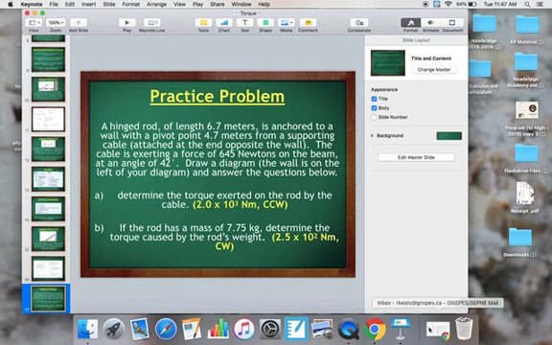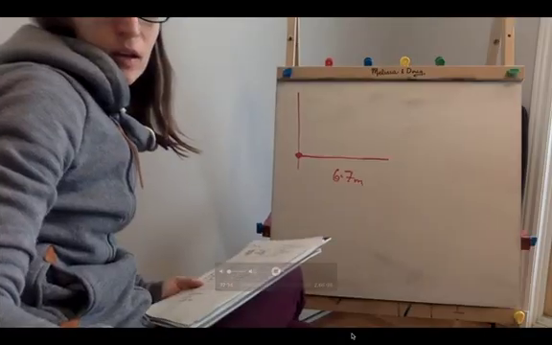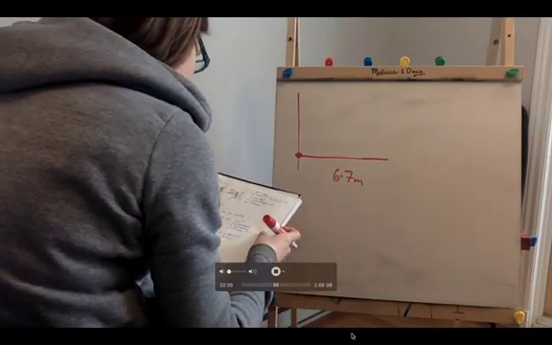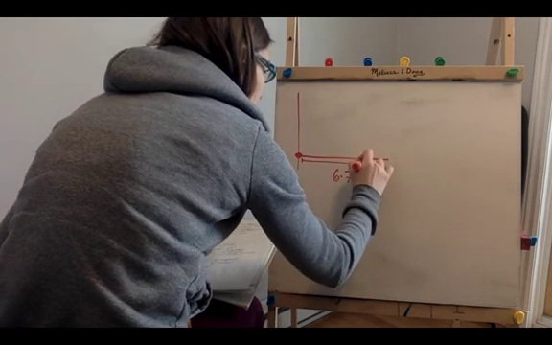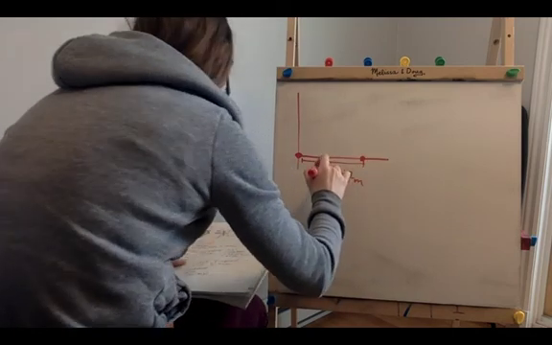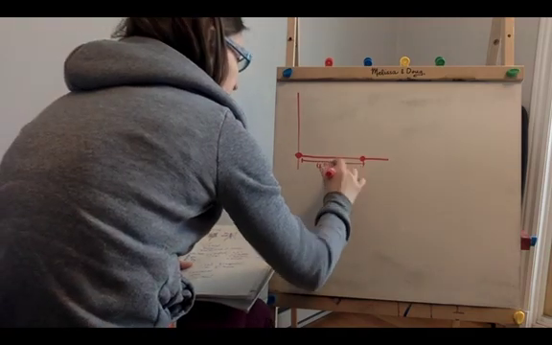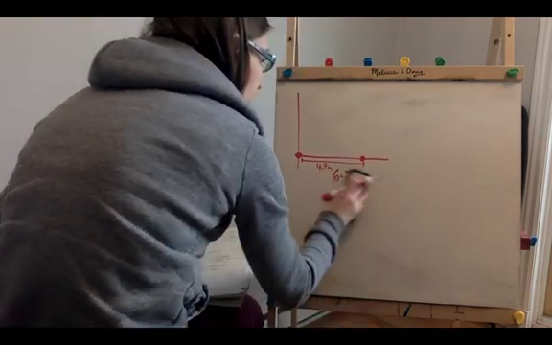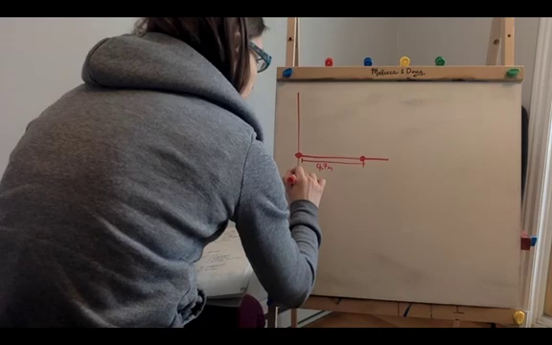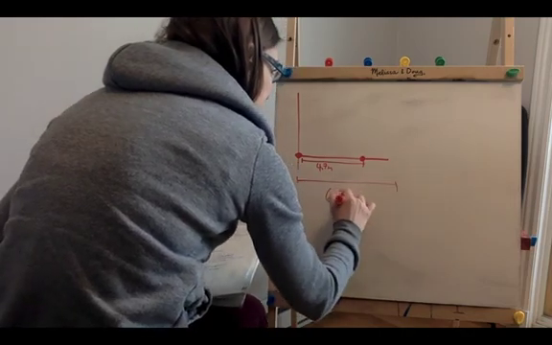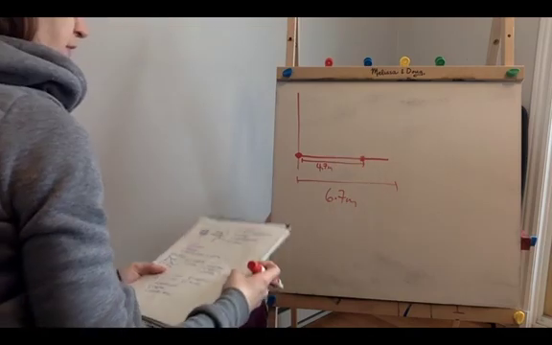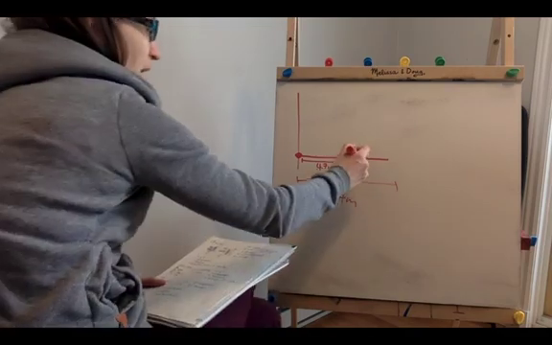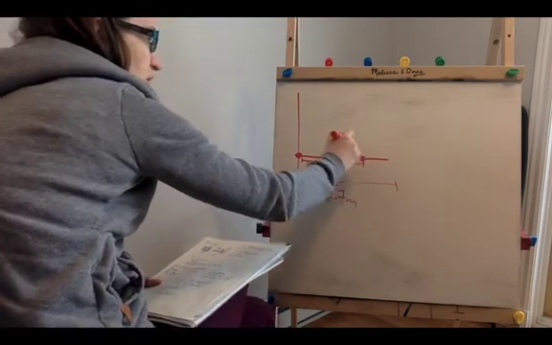So what we end up getting is that you have this supporting cable that's here, 4.7 meters. The entire length of the rod from here to here is 6.7 meters, but you've got this pivot point here at 4.7 meters, and that's where you have this supporting cable going to the other end of the wall.